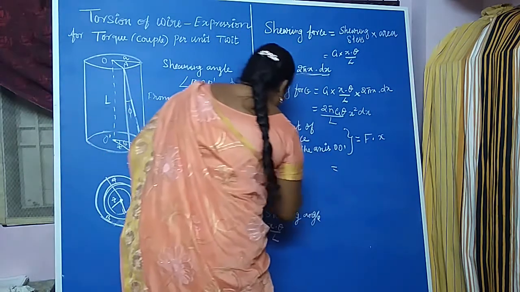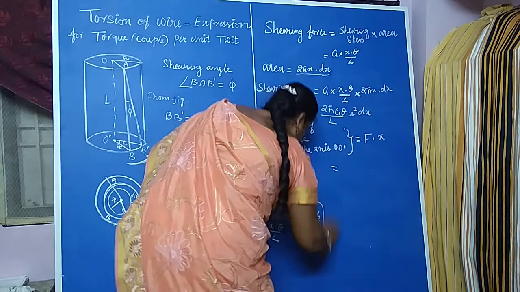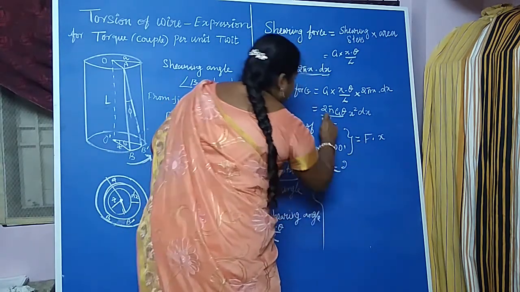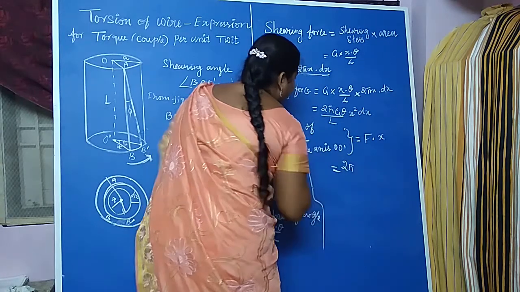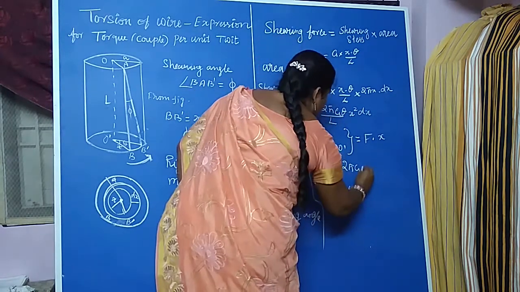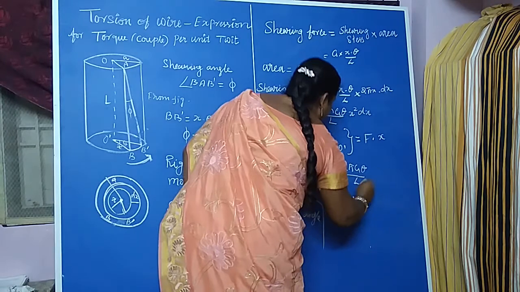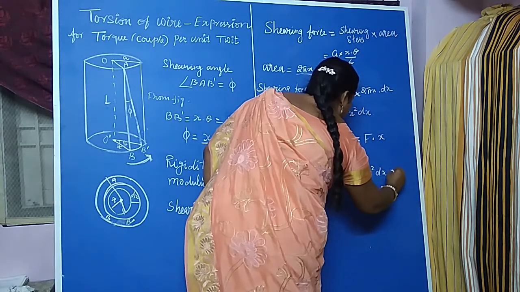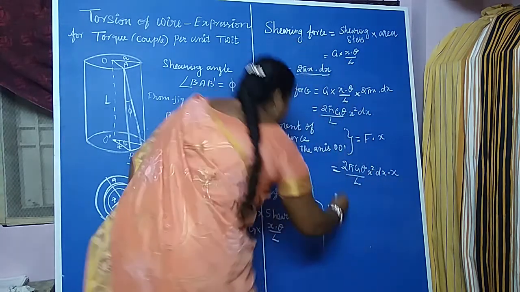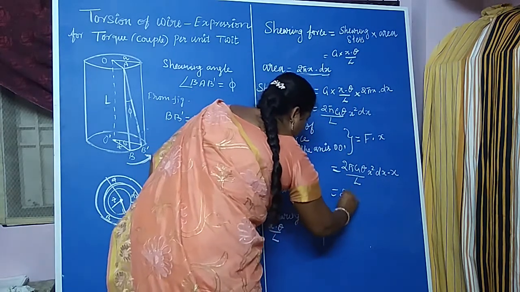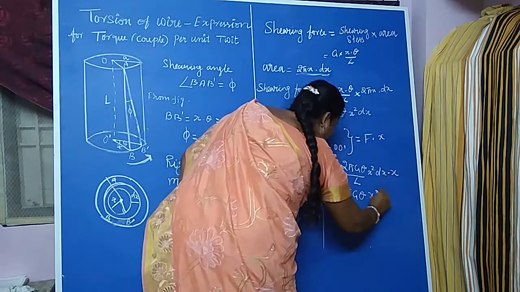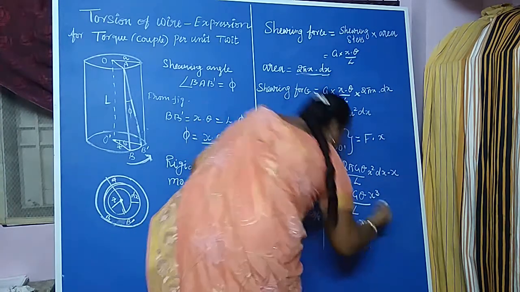So we get force, 2 pi G theta divided by L x square dx, into x. So we are getting 2 pi G theta x cube by L dx.